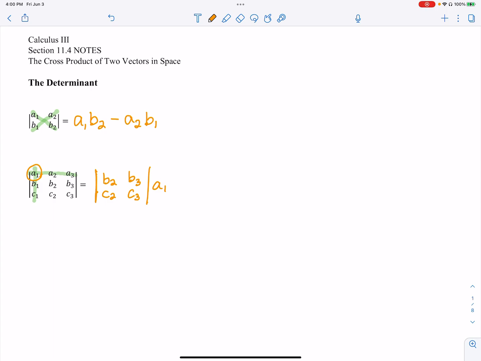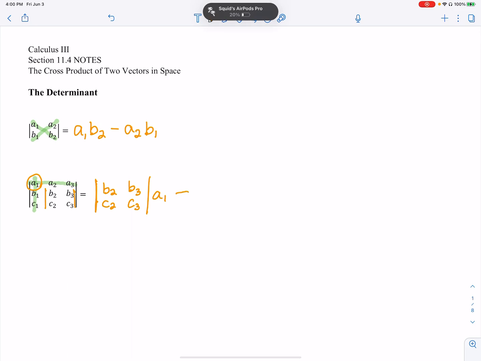This is the inside, right? That's what we just wrote down, and then that circled number is what goes out front. Then there's this minus. It's not going to make any sense why it's here, and you're just going to have to do your best not to forget it. Even I forget it. As many examples as I've done of this, I still forget that minus sometimes.